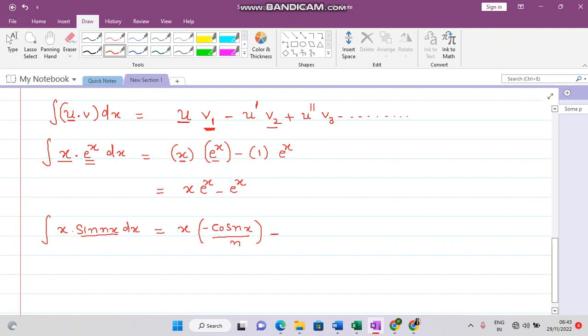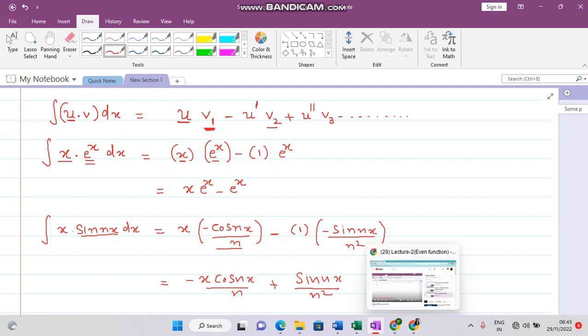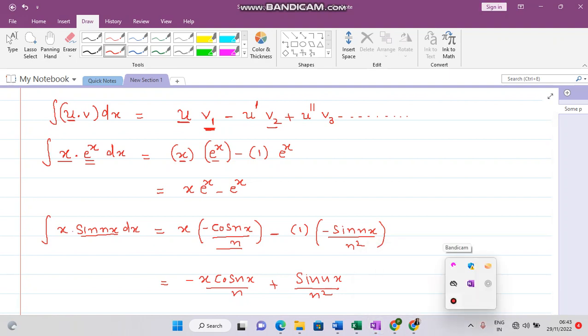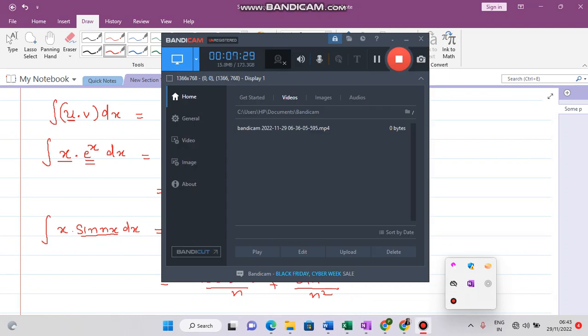Minus the derivative of x, which is 1, then the integration of this function, which is minus sin nx by n square. So it is minus x cos nx by n, minus minus plus, so it is sin nx divided by n square. In this way, we can apply the u into v rule in practice for solving the questions of Fourier series.